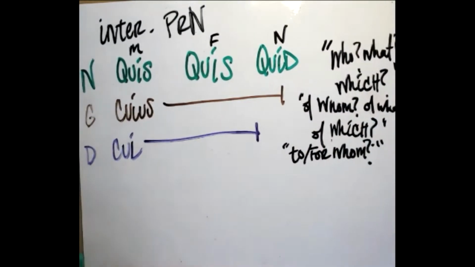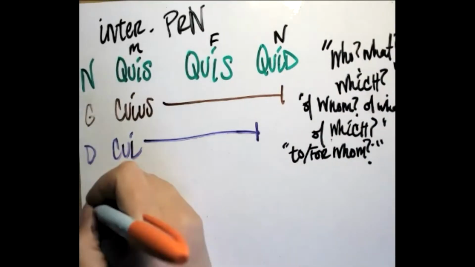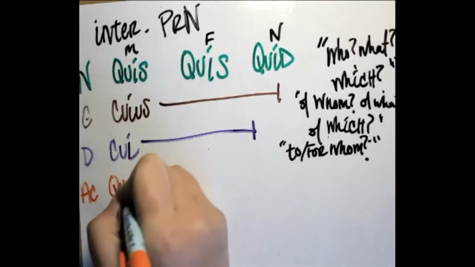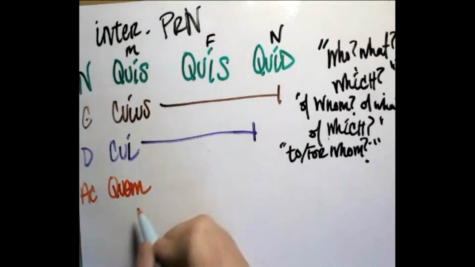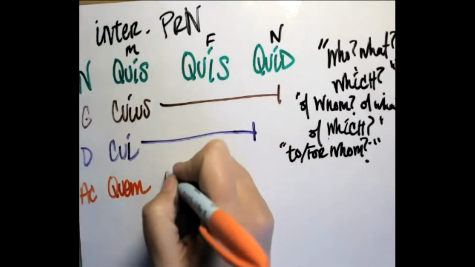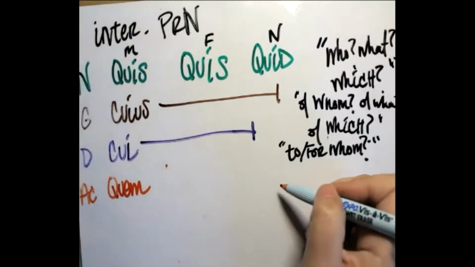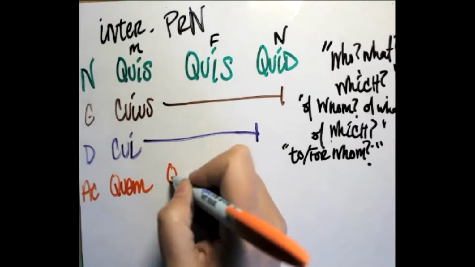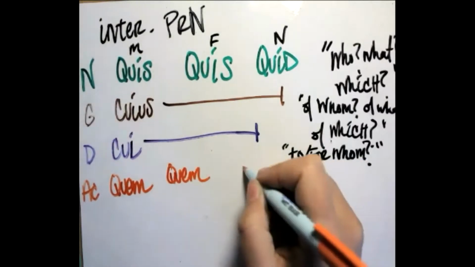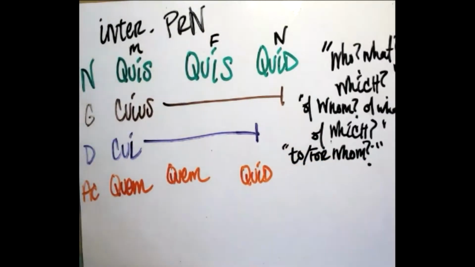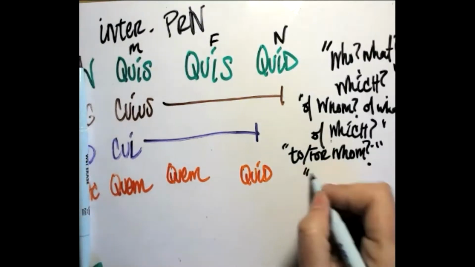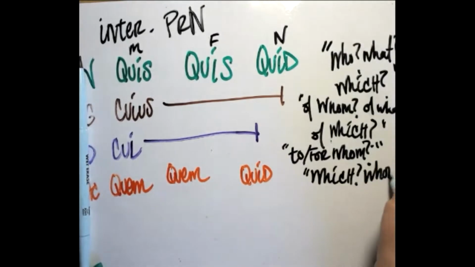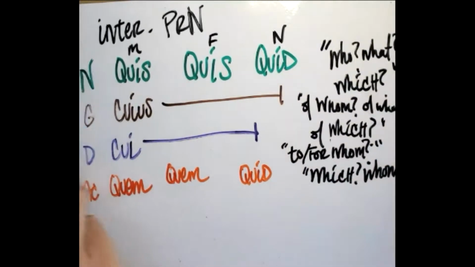And then in your accusative, both masculine and feminine are going to be quem rather than quem, quam, quod, which would be the pronoun or the relative. It's quem, quem, quid. So which or whom as a question.